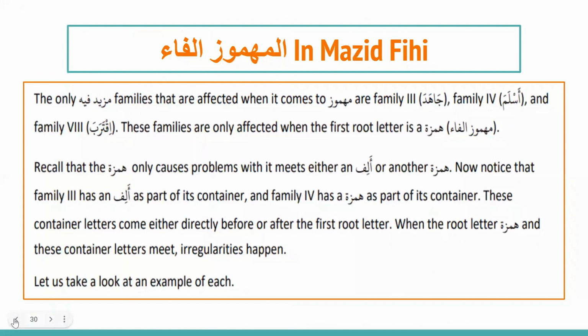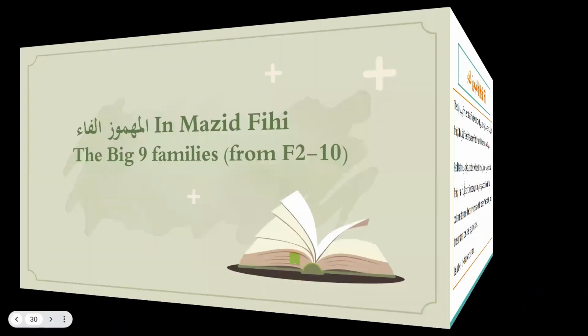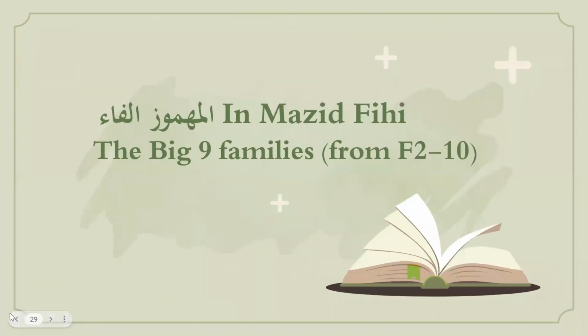Allama, and then bab taf'il, ta'alim is the masdar. Then the third family, we usually call it the jahada family, which is bab fa'ala, in which we have masdar jihad, right? And the fourth family, what is the fourth family?